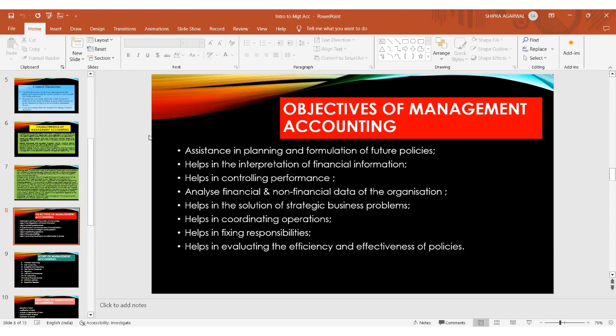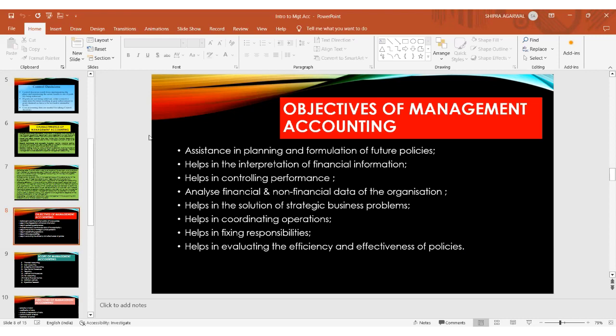Then it analyzes the financial as well as the non-financial data of the organization. See, financial accounting never ever records non-financial data. The qualitative aspect is totally ignored under financial accounting. But under management accounting, they consider even the non-financial data, because they know that even this non-financial data is required.